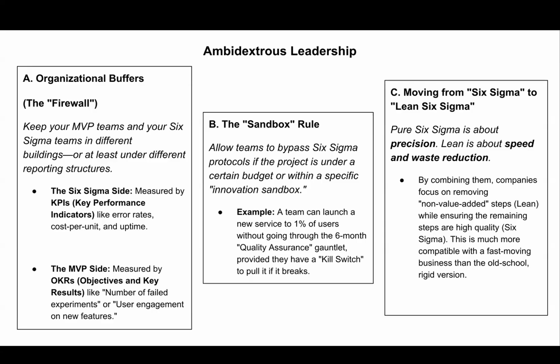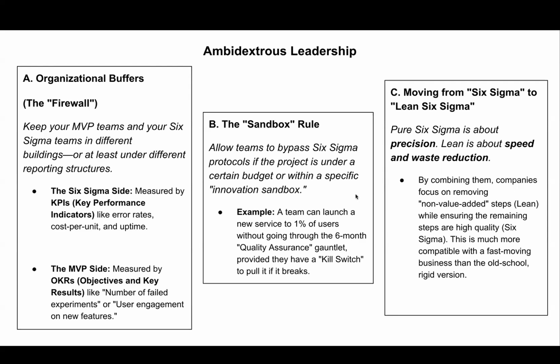Six Sigma is all about the KPIs, the quality piece. MVP is measured by OKRs, which are your objectives and key results. So you'll look at the number of failed experiments or the amount of response in the marketplace, right? They're very, very different ideas here, but you can run both of them.